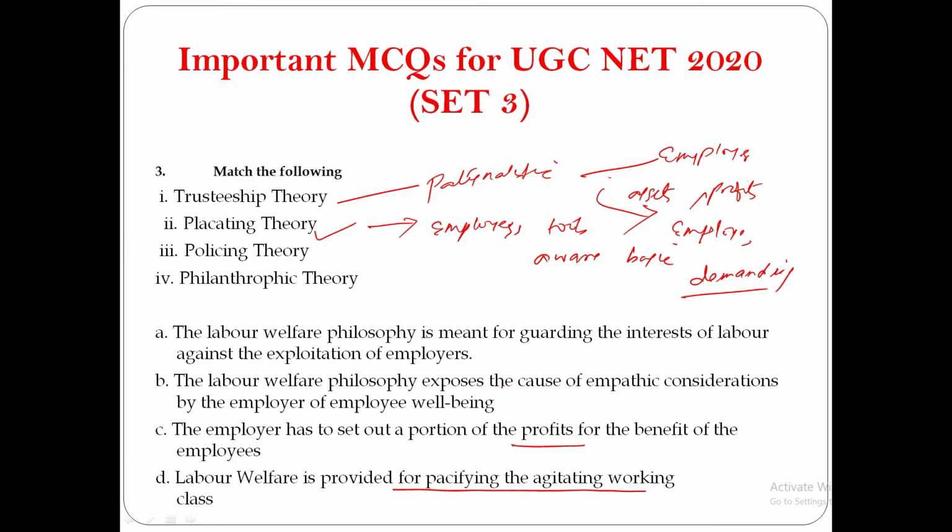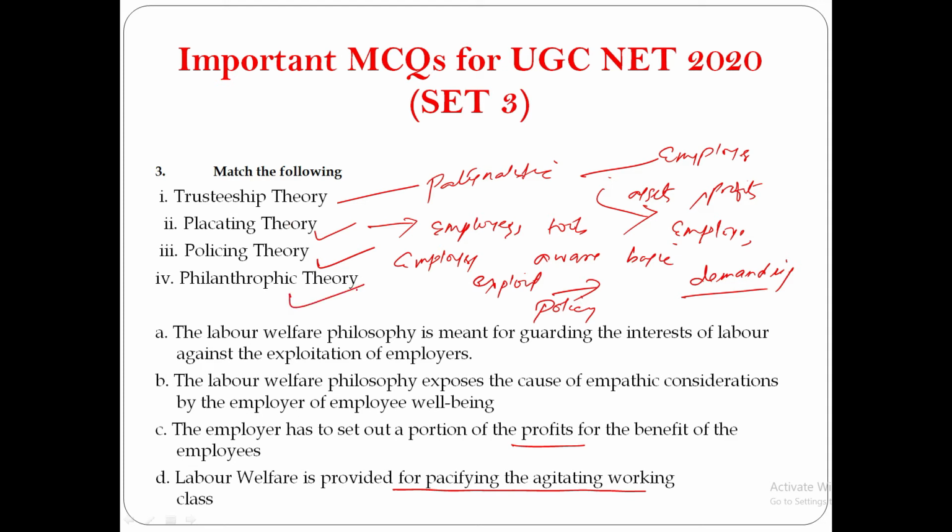This is placating. Now, what is policing? Policing theory believes that employers try to exploit the workers. They do not provide basic necessary needs or welfare facilities to employees. So in order to make employers provide basic facilities, there should be some policy or some statutory laws or some compulsion. Then only they will provide.